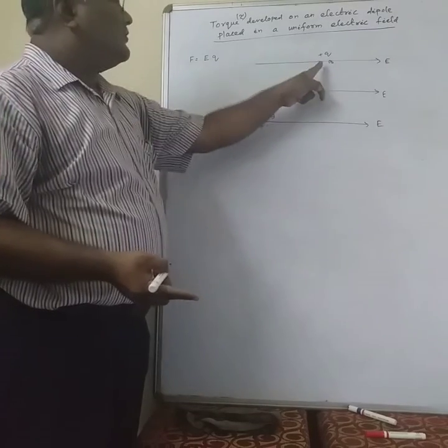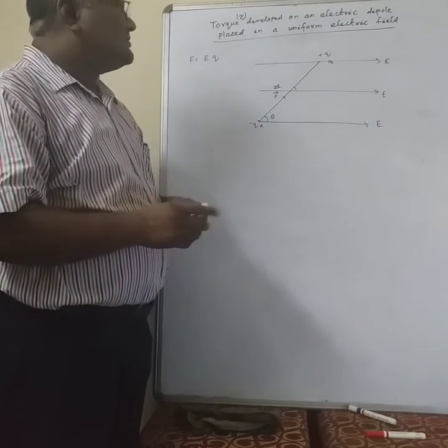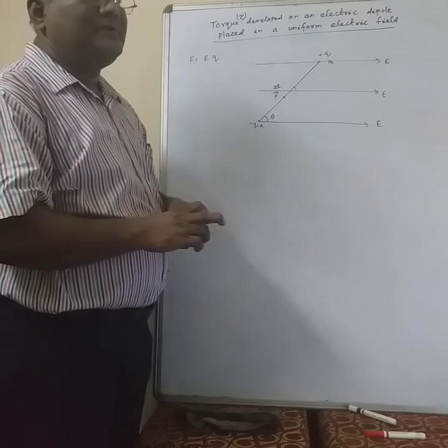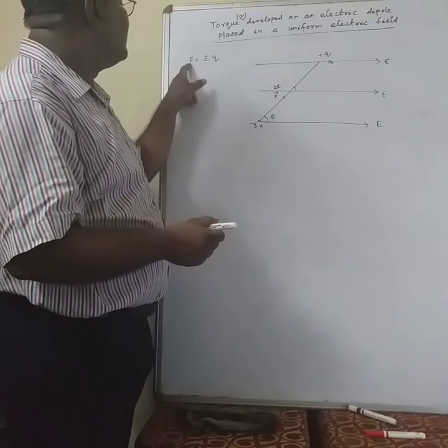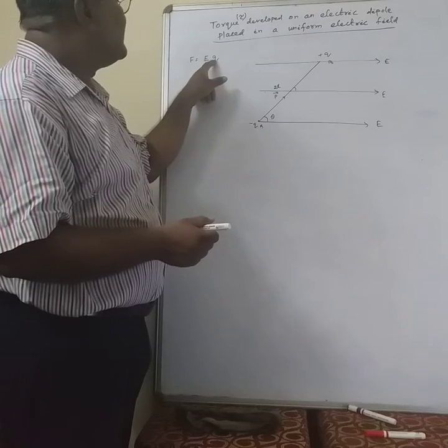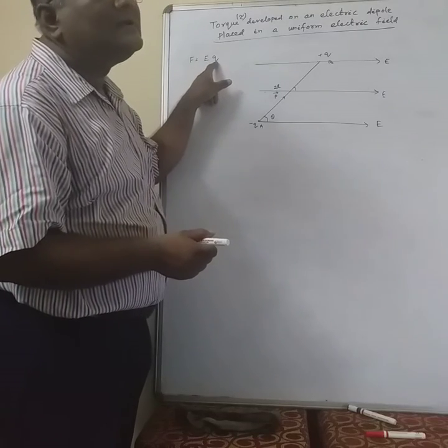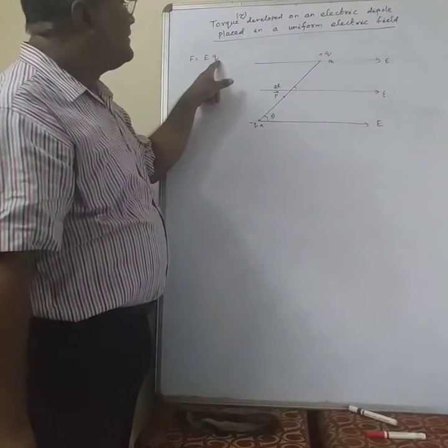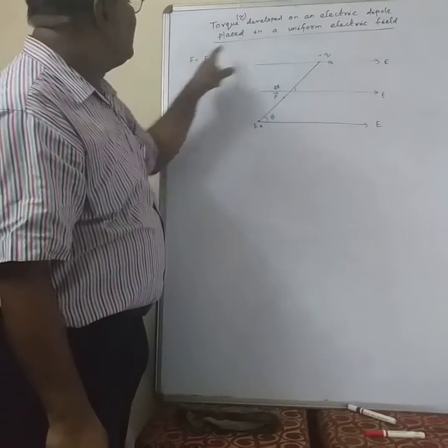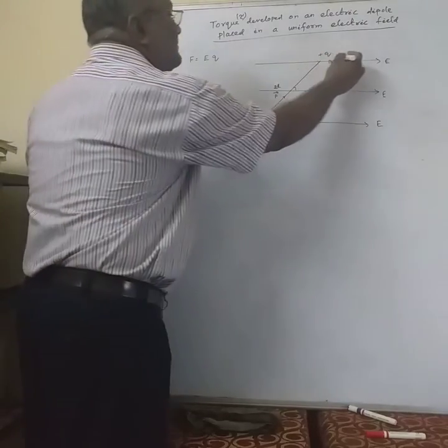So, when a rest charge is placed in an electric field, it will experience a force whose magnitude is equal to EQ, whose direction is governed by the direction of the electric field and the sign of the charge. As the electric field is along i cap and here the charge is plus Q, the force will be along the direction of electric field.